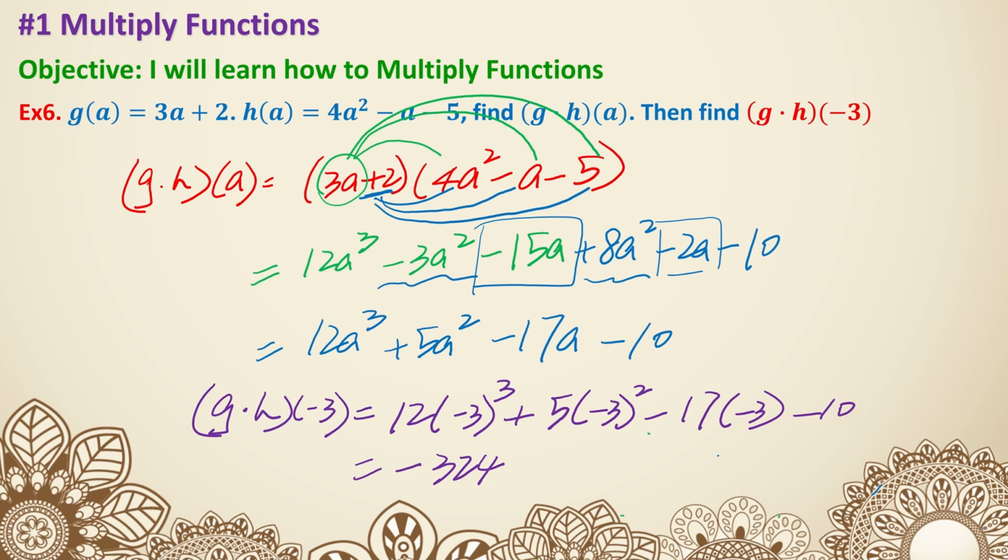Then 5 times a positive 9 is a plus 45. Next one is a plus 51. Eventually a minus 10. So we have negative 334. This is a plus 96. That's going to give us a negative 238. There you go. That's example 6.